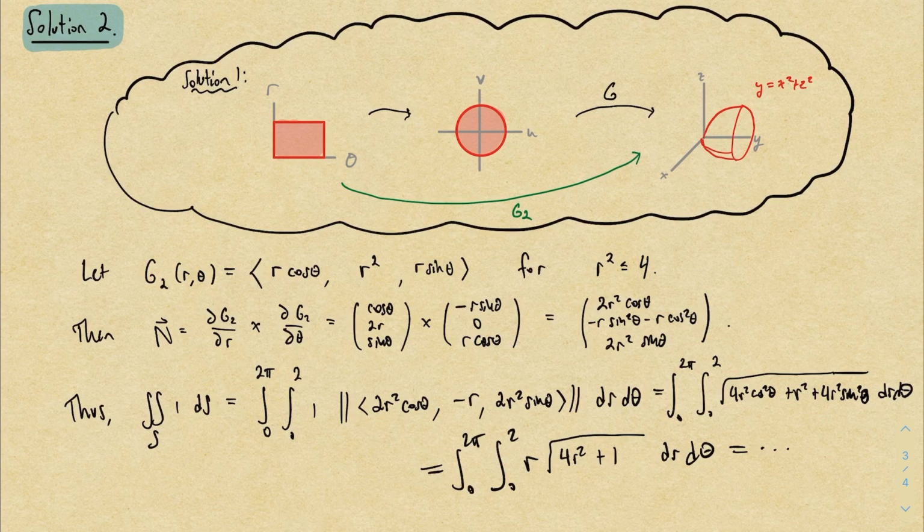But the other reason why I wanted to show you this solution is because if you do something like this, sometimes it can be a little tempting to think, oh, should I add an extra r dr d theta? It's kind of a gut reaction because you're so used to doing that after changing coordinates to polar coordinates. But the answer is no, you do not need to do that here because we did not ever do a change of variables.